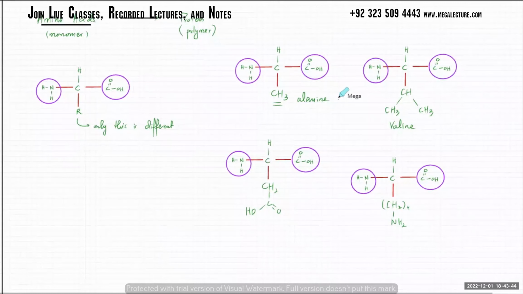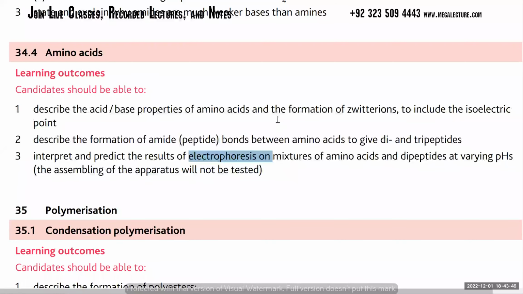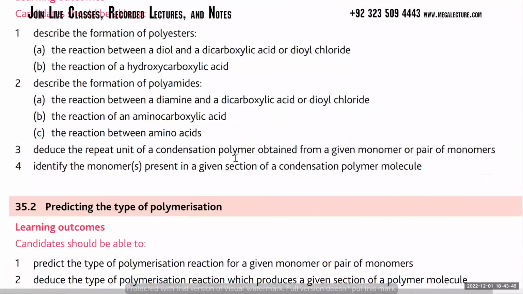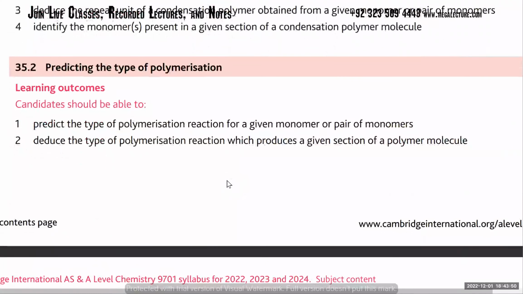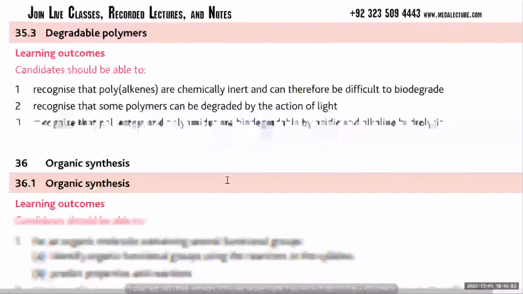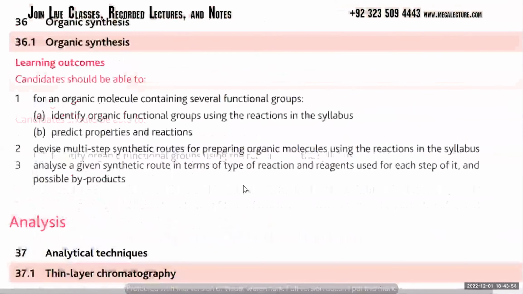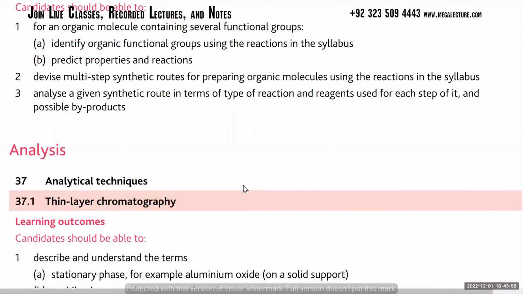Now the first thing is, इसी का polymer कर लेते हैं. That is definitely polypeptides होंगे, amino acids.